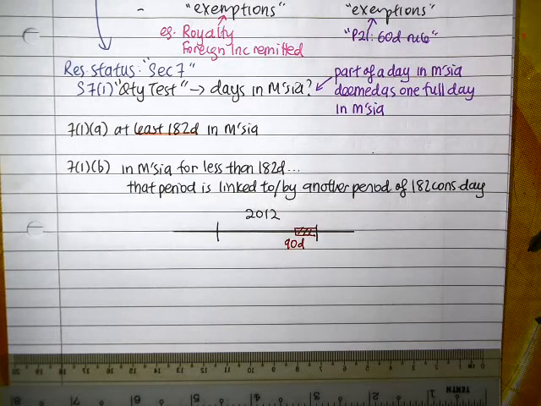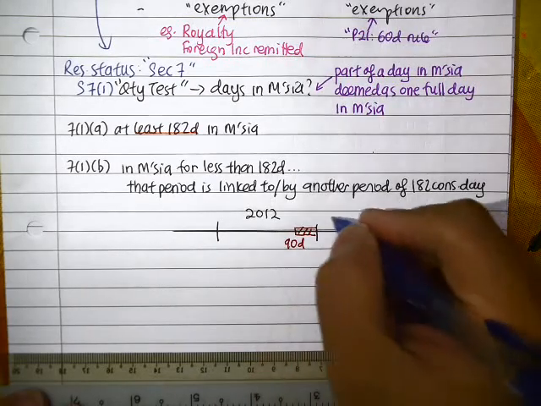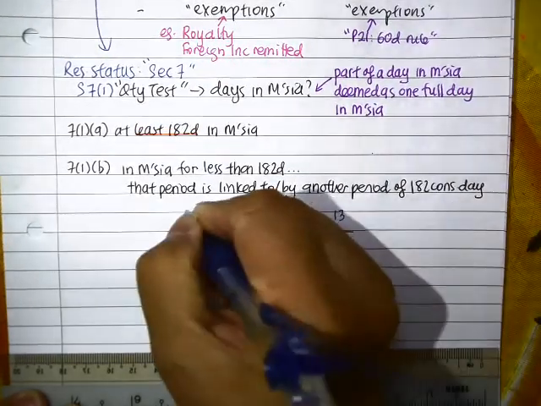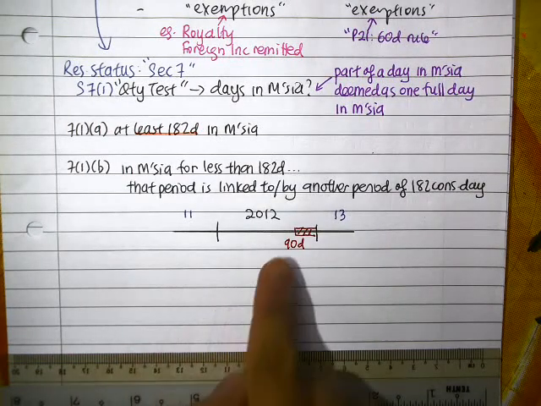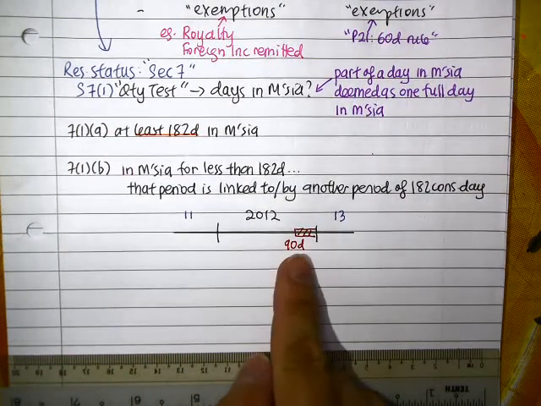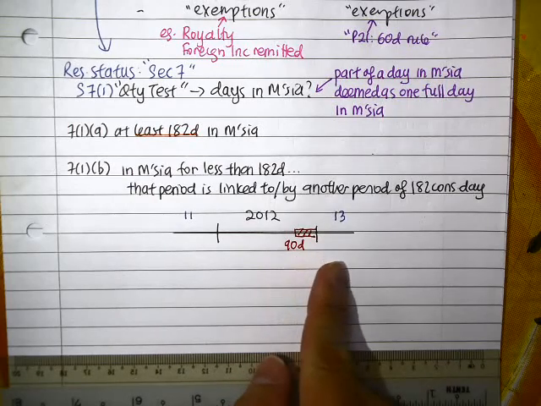Now, if the period that you stay in the country is towards the end of the year, okay, then which part is closer to you? Because you need to borrow from your neighbor. So which part that is closer to you? The neighbor is 2013 or 2011? Which of course is 2013 because you're staying towards the end of the year, right? So it's easier for us to borrow from 2013, correct enough?